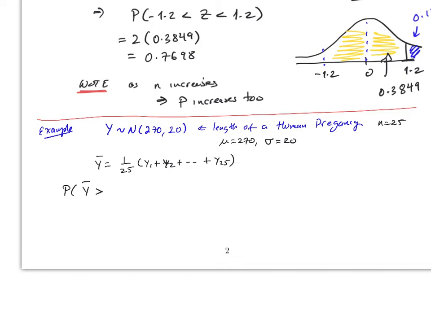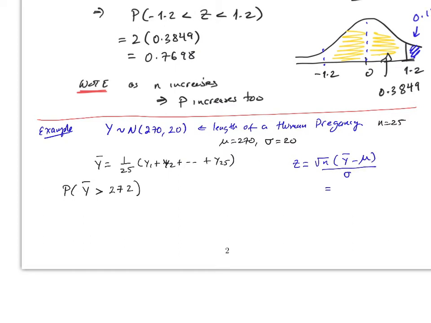be more than, let's say, 272 days? Okay? So remember, z is equal to the square root of n times (y bar minus mu) divided by sigma.